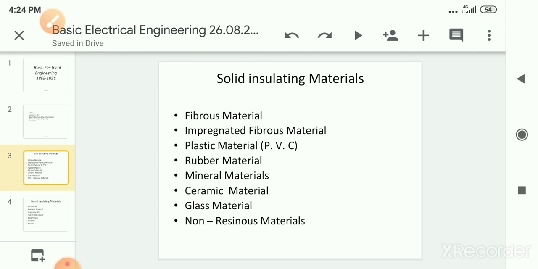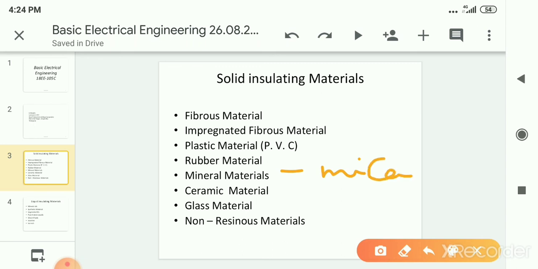Mica is a mineral material. India supplies mica to the world. We are very proud to say it.